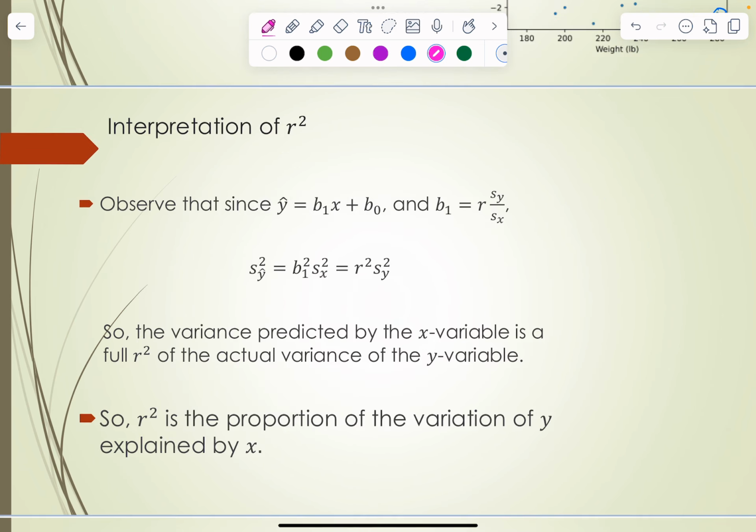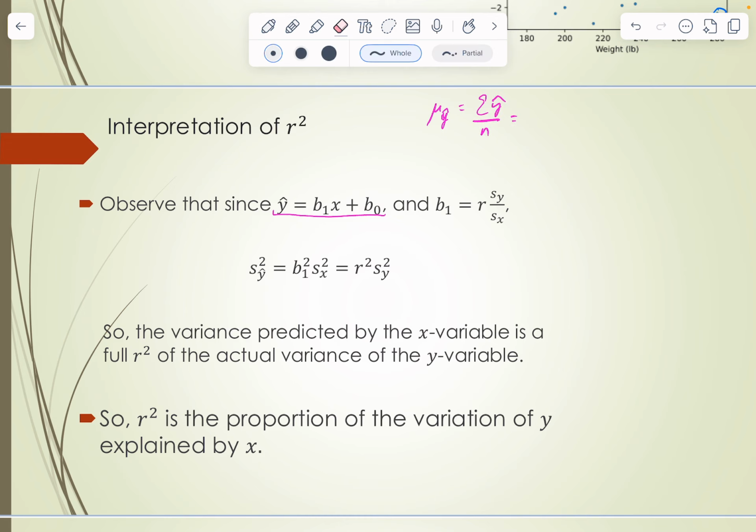Okay, let's think about the interpretation of r squared. So we observe that our prediction is b1 x plus b0. If we compute the mean of y hat, that is going to equal the sum of all my y hats divided by n.